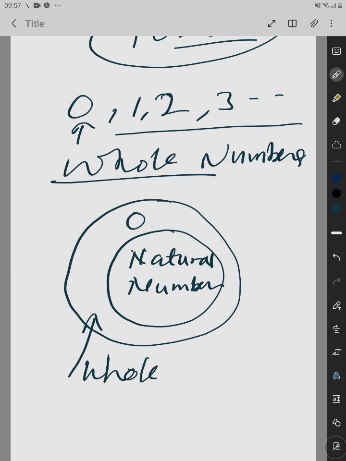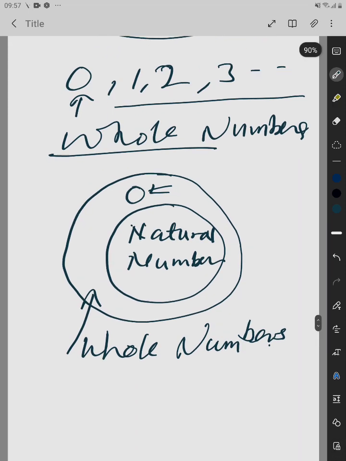All natural numbers together with 0 are known as whole numbers. I think you got this concept clear, and there is no doubt.